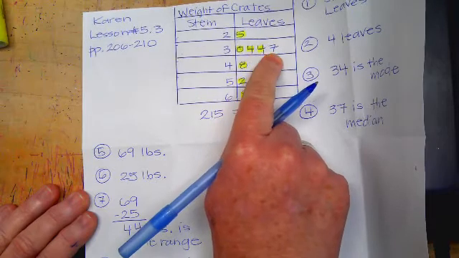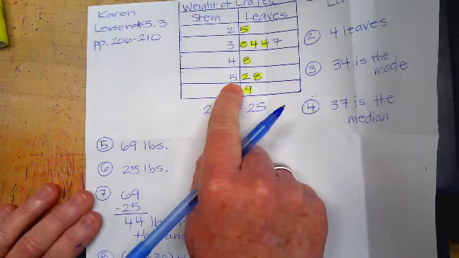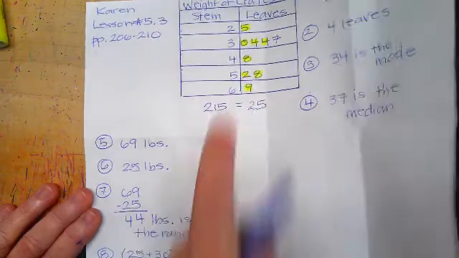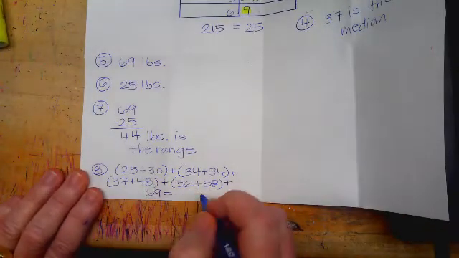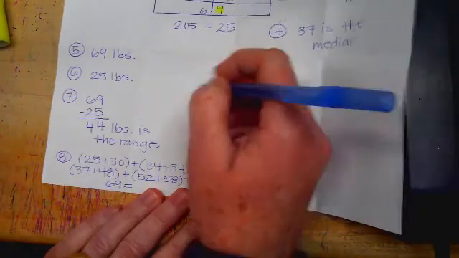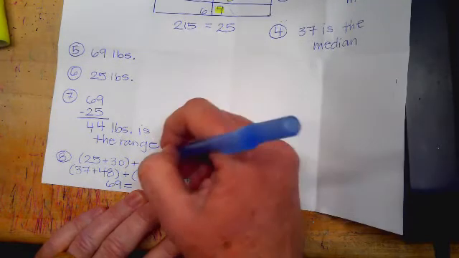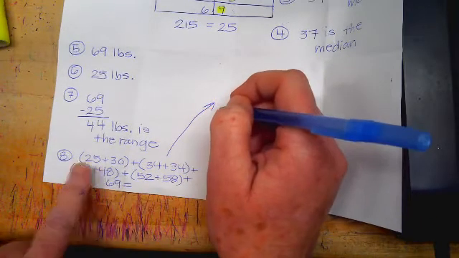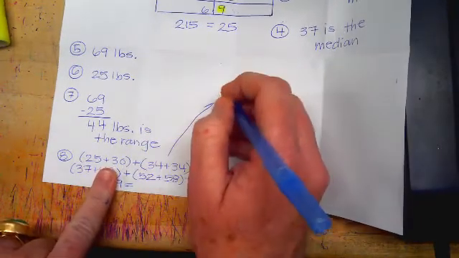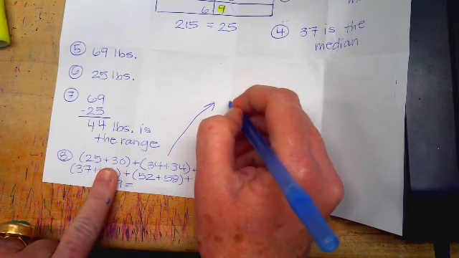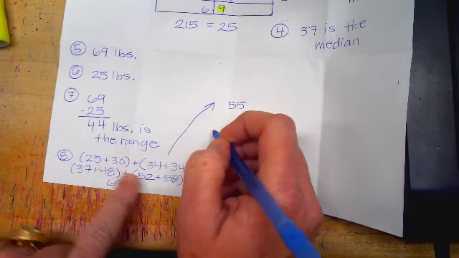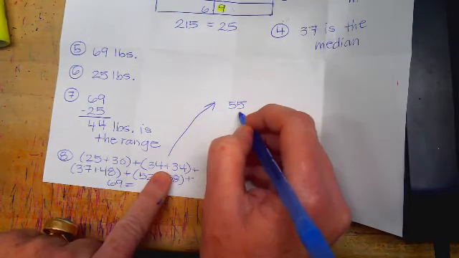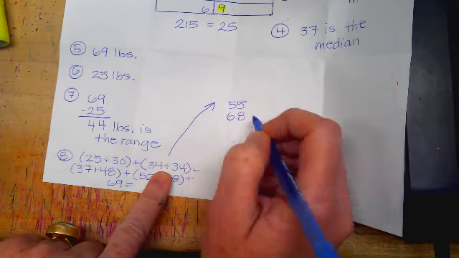Ay, ay, ay. So all I did was go through and read these: 25 plus 30 plus 34 plus 34 plus 37 plus 48 plus 52 plus 58 plus 69, right? Now I'm going to add the chunks together. This first chunk, 25 plus 30 is 55.